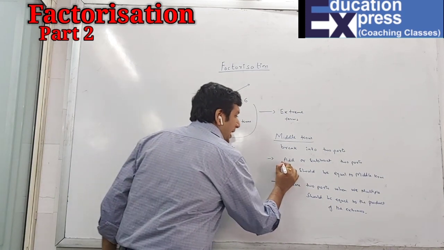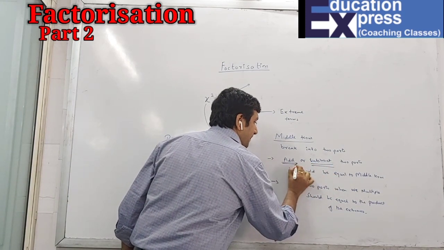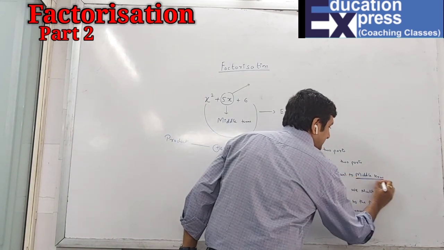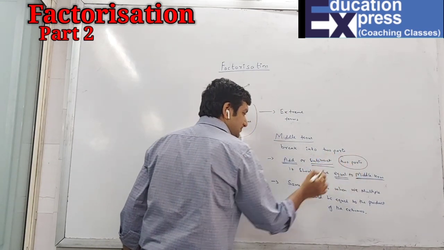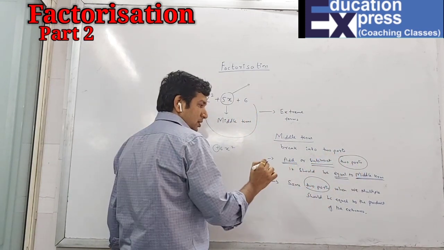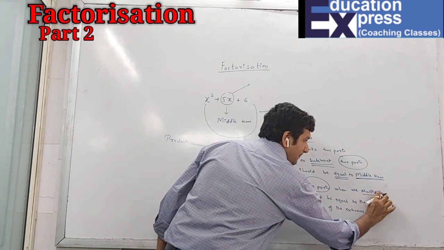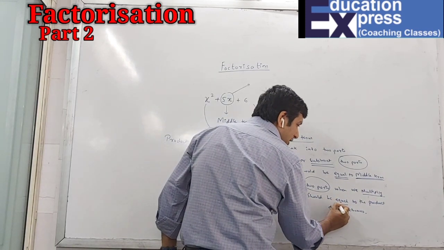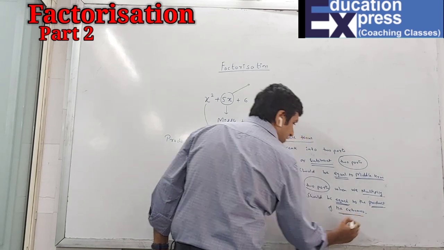Meaning, when you are adding or subtracting, it should be equal to the middle term, and the same parts, when you multiply, will be equal to the product of the extremes.